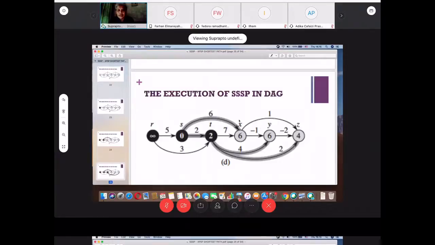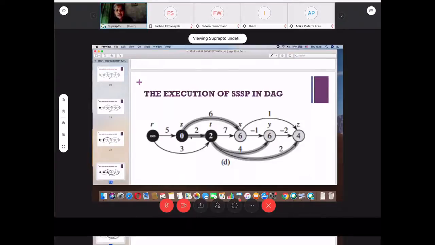Which is okay. That is for the first path. And the second path starts from S, goes through T, then through X, and then to Y. So the weight is 2 plus 7, is 9, minus 1, which is 8. So the second path has weight 8.